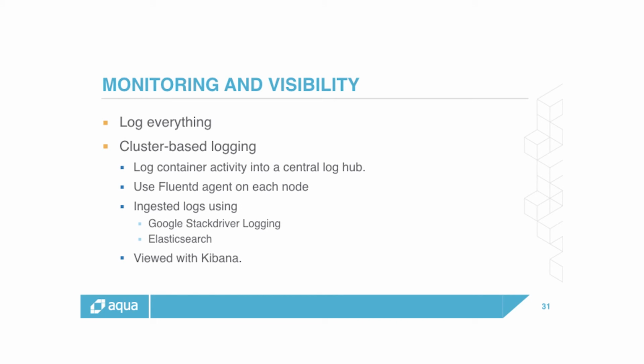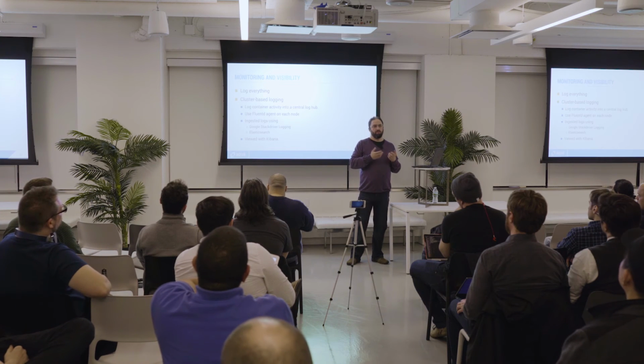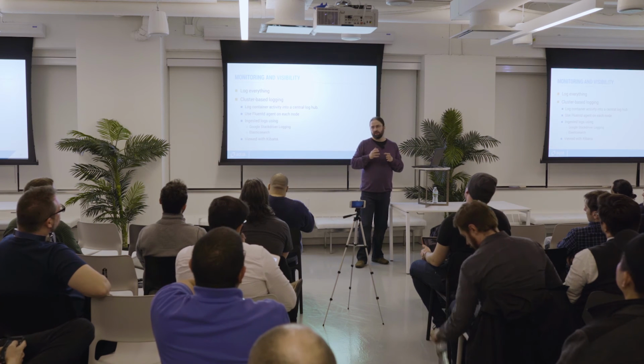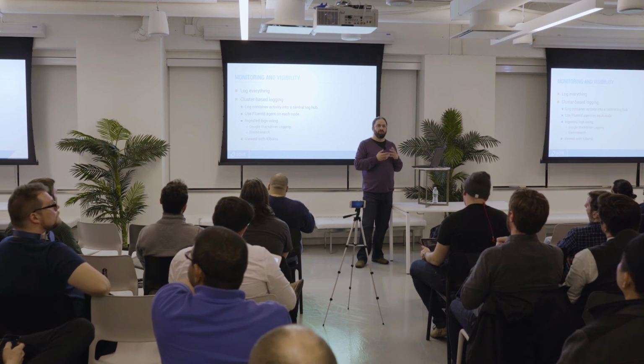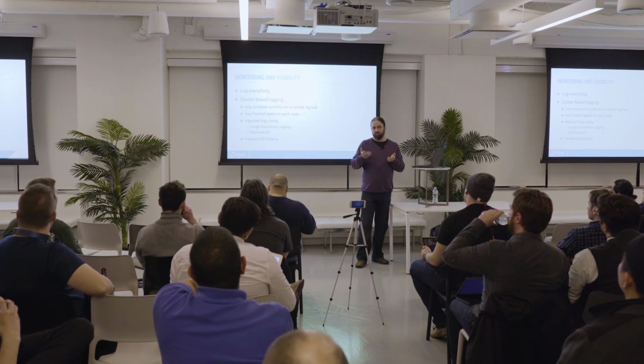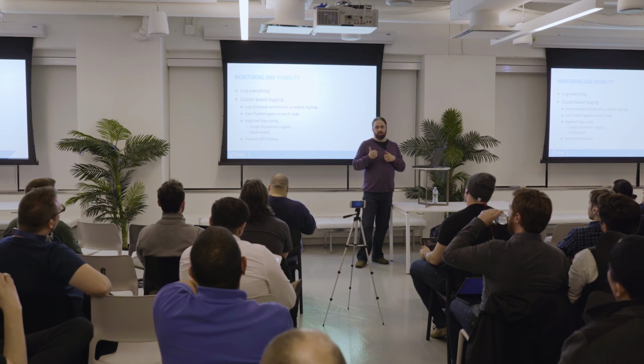Monitoring visibility. One of the things about security is that everything may go well, but you must log everything which happens to be able to both see and know later what went wrong.